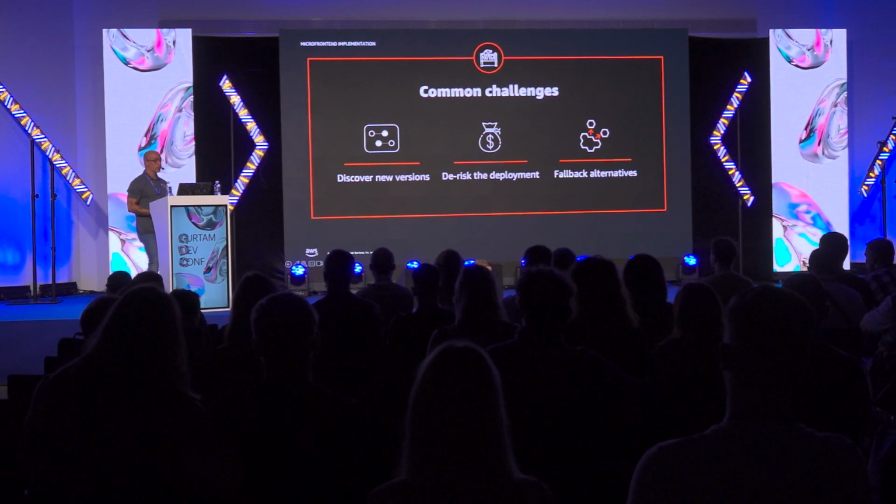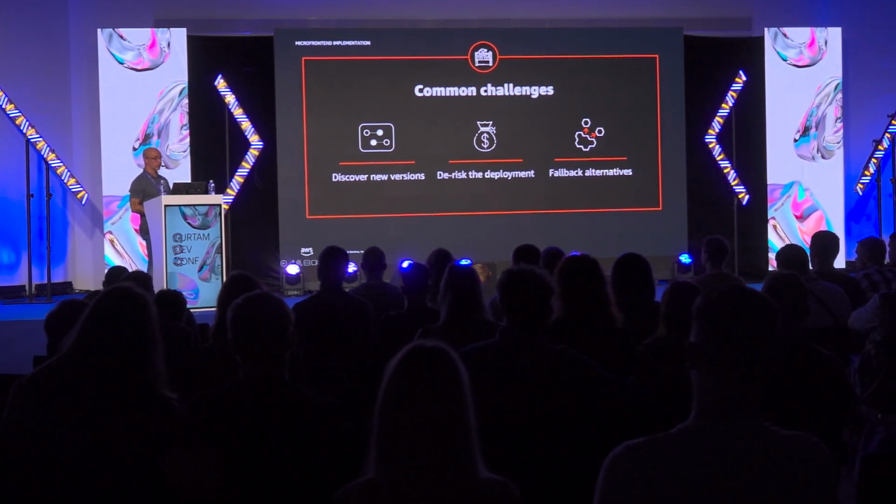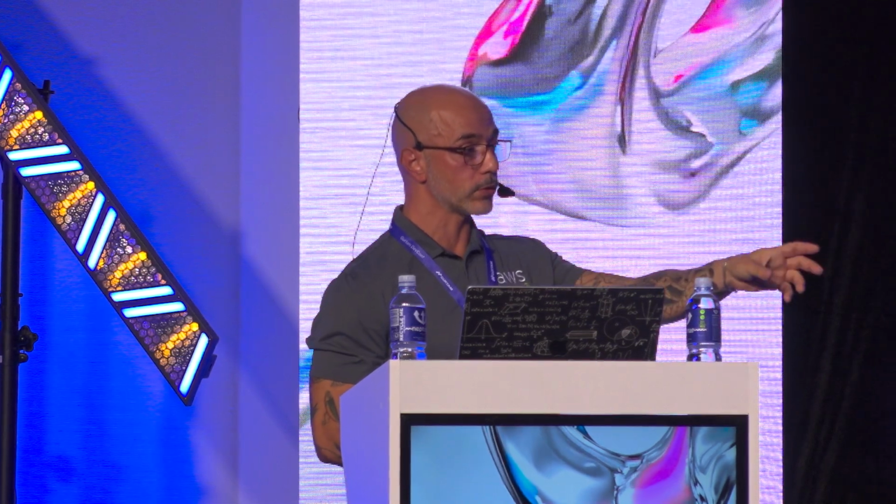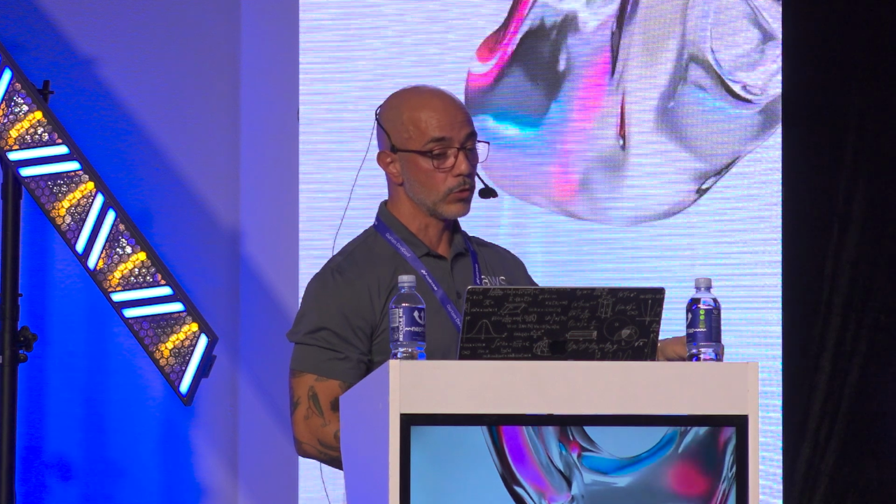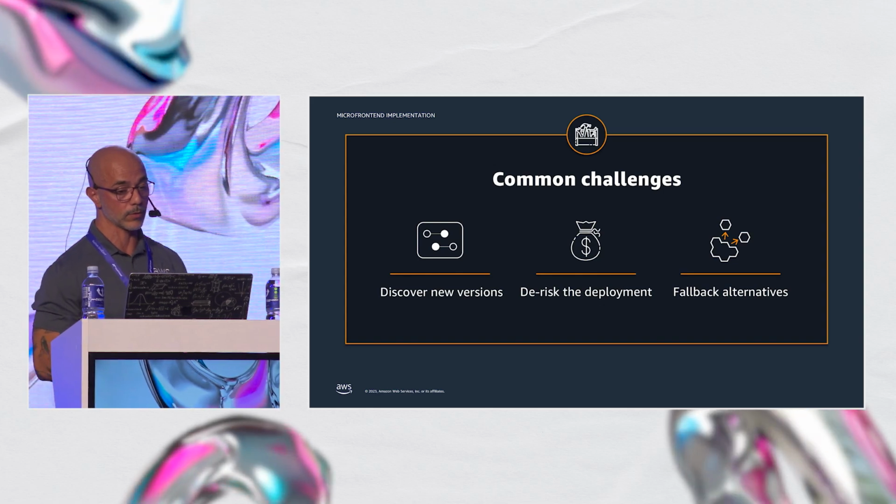So first of all is how you're going to manage versioning, because maybe you want to have a canary deployment where just a few users can test the new functionality. You want to de-risk the deployment, so now, with everything loosely coupled, you don't want a single team to be able to push a module and break anything that is out in production.